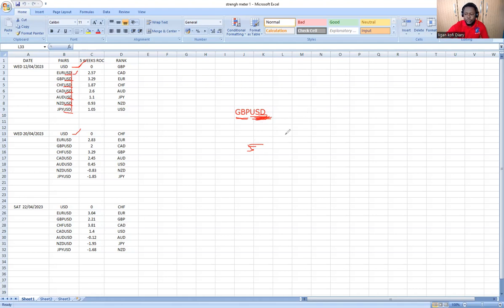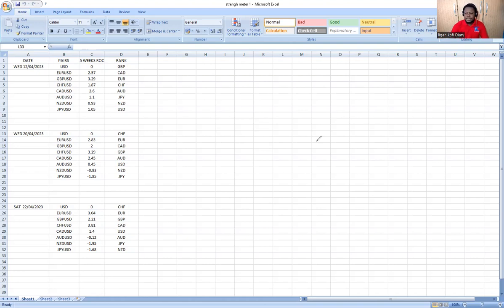If you have decided you wanted to use JPY, then JPY will become your quote currency throughout. If you decide to use CAD for your calculation, it means CAD will become your quote currency throughout. Does this make sense? Okay. So I'm sure you have understood this. So whichever currency you want to use, that currency must become the quote currency throughout.